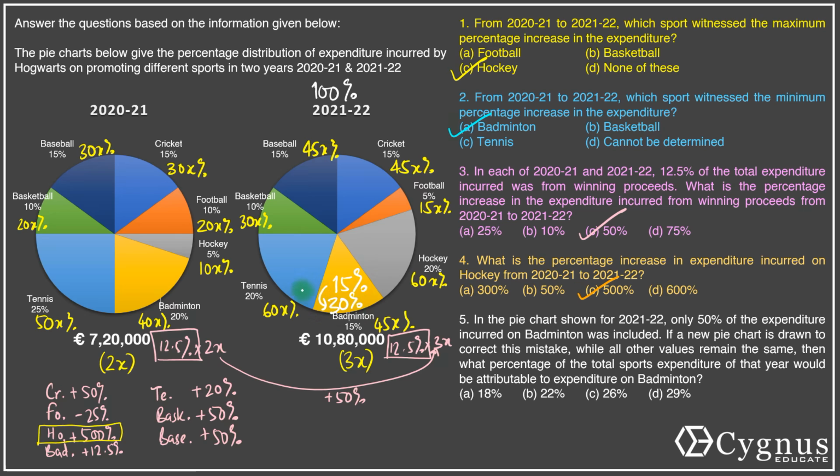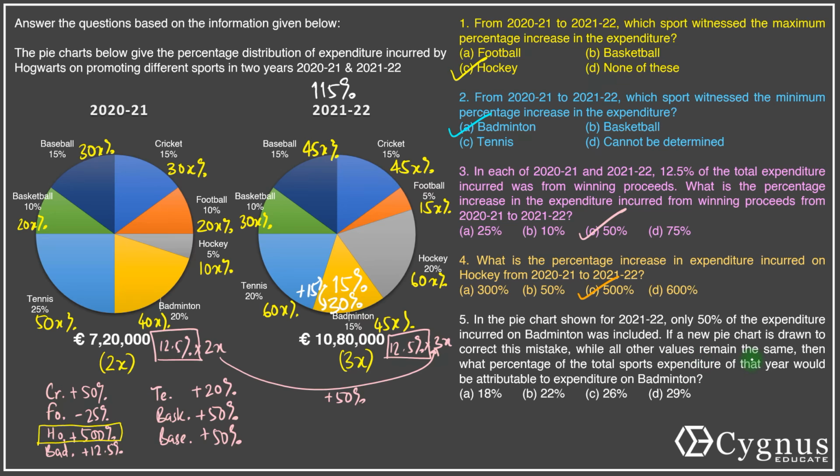To correct the mistake, I should add 15% of this value, so the total will become 115% of the initial 1,080,000 euros.